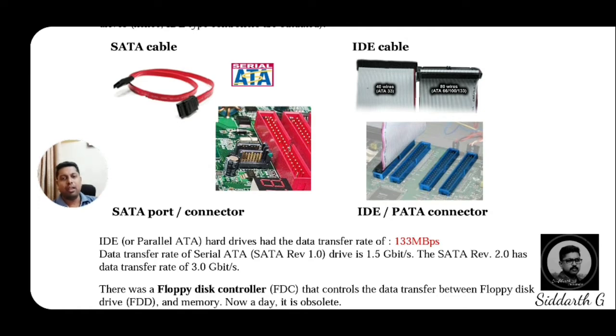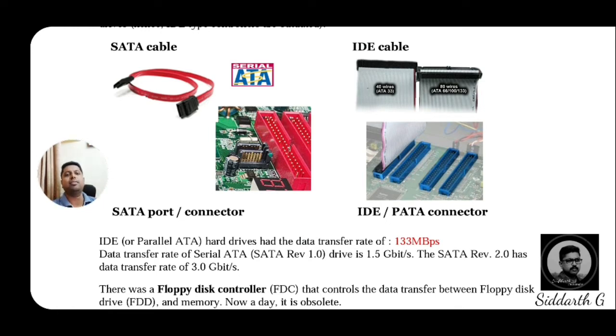It will be an L-like structure; L-pin connectors are used on the ends of the wires. Both ends are of the same type. SATA cables are used to connect devices like your hard disk to your motherboard with the help of this pink cable.